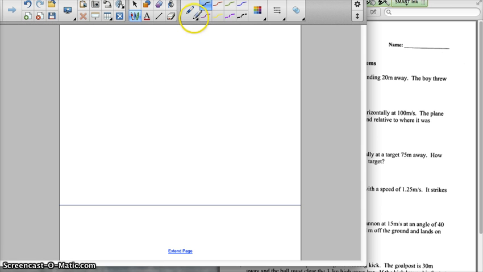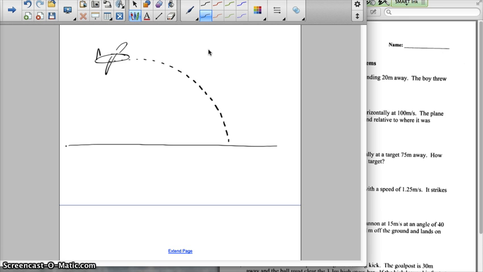So I'll make a really nice drawing of an airplane. Okay, and it drops the box, and the box falls to the ground, right? And this will be the ground. And we know the plane is 300 meters above the ground, so that means our displacement in the y direction is 300 meters.